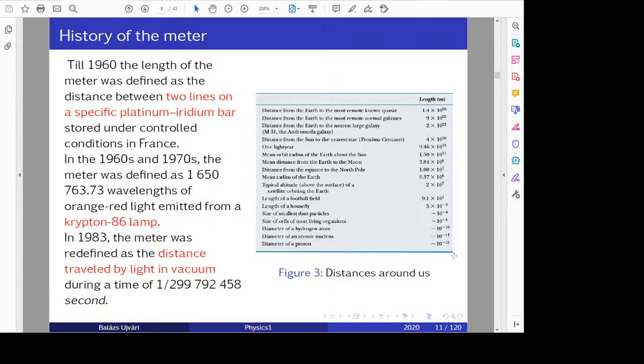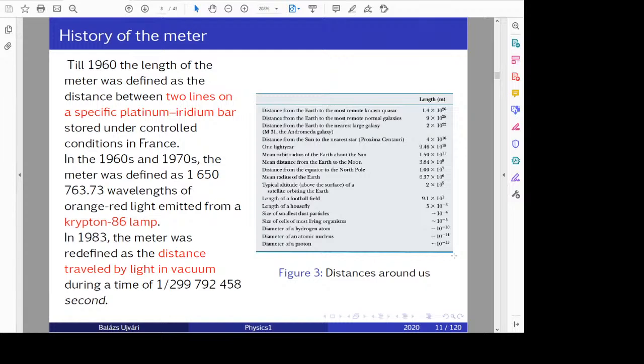Perhaps later we can measure it, perhaps it is 10 to minus 30 meter, but right now in all of the experiments it behaves like a point-like object, so we can't talk about the diameter of the electron. So the shortest diameter we can measure is the diameter of the proton or neutron. This is 10 to minus 15.